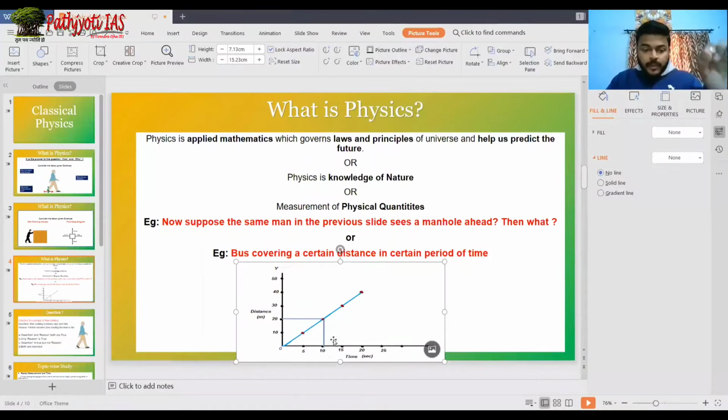If someone asks you that for distance 20 and time 10, what is the speed, you can find it out easily by finding the slope of this graph. So this is how mathematics is applied to find conclusions in physics. Is that clear, or shall I explain it again? Or anyone else wants to add anything, they can. I'm assuming that this is fine.